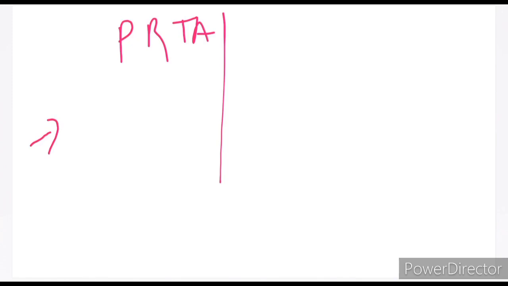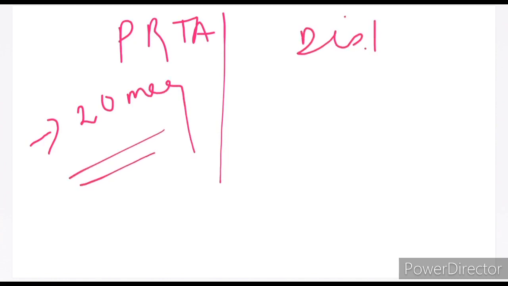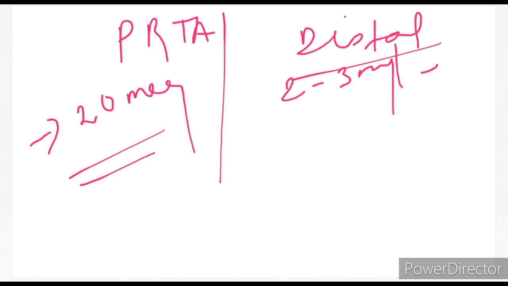Now in proximal RTA we require high dose of bicarbonate, up to 20 milliequivalent. In distal RTA we usually require 2 to 3 milliequivalent per kg of bicarbonate.